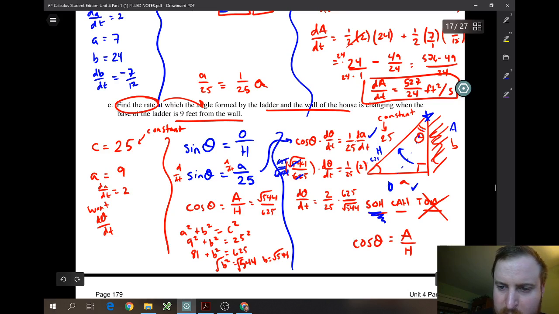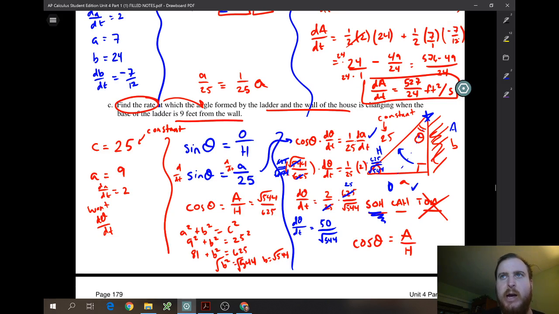And so this is going to give us d theta dt equals, that'll cancel out to a 25. 25 times 2 is 50, divided by square root of 544. And on an AP test, if this was free response, I would just leave my answer right there. I wouldn't even worry about doing anything else here.